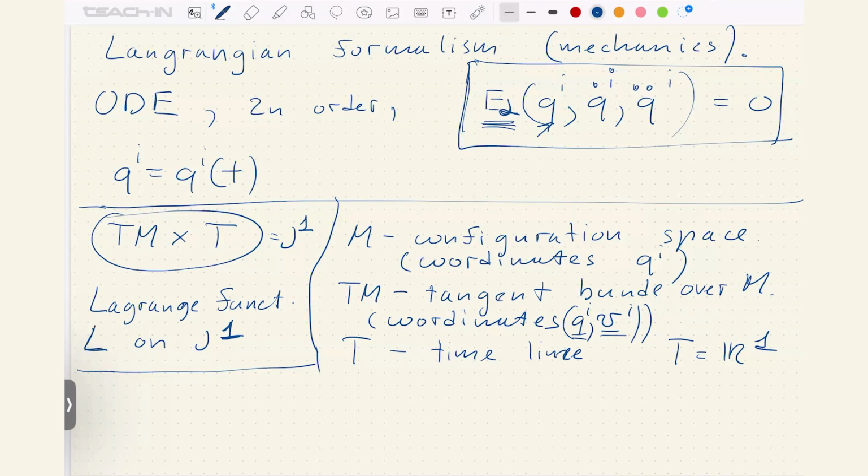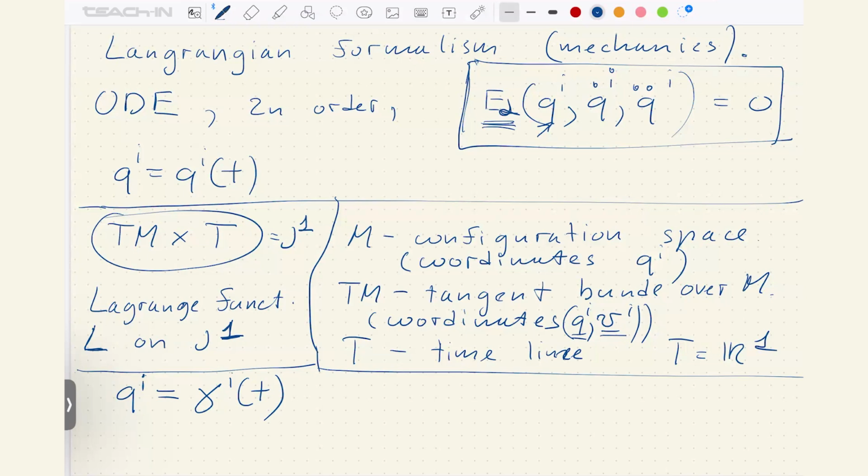So what does this Lagrange function give us? It gives us the possibility to write down a certain action. So if we have L, suppose we have a trajectory q^i equal to gamma^i of t. Now I'm going to be a bit careful with what depends on what, to avoid some confusion, because it's important to understand.